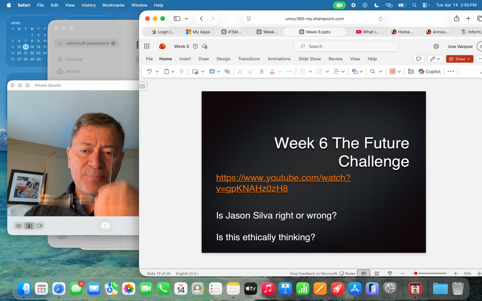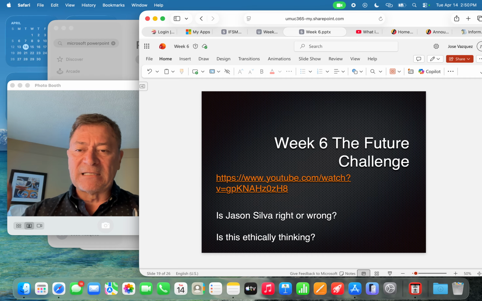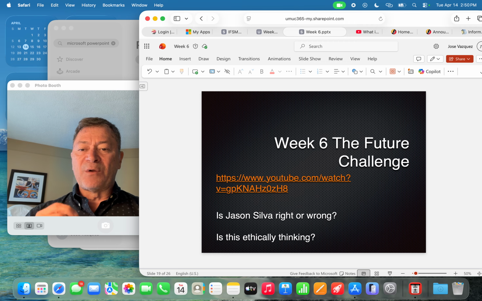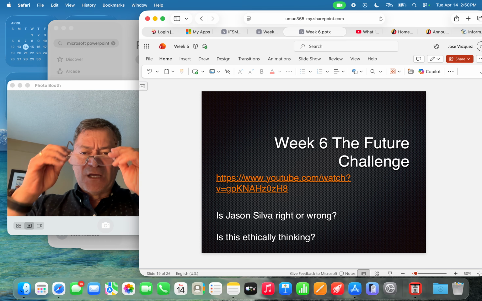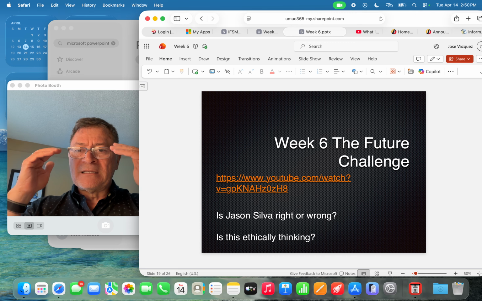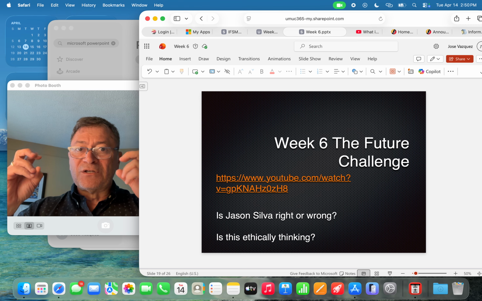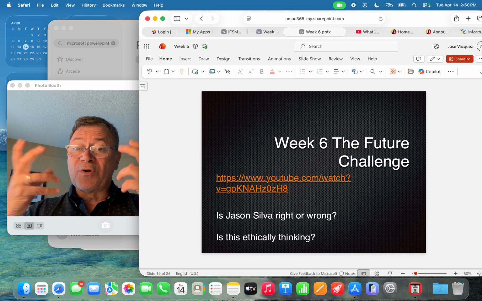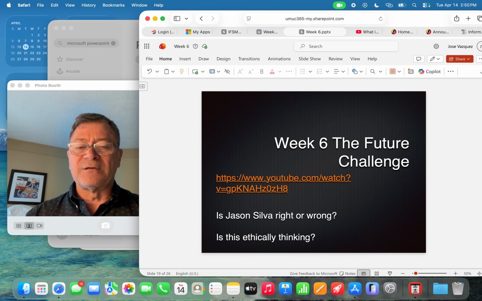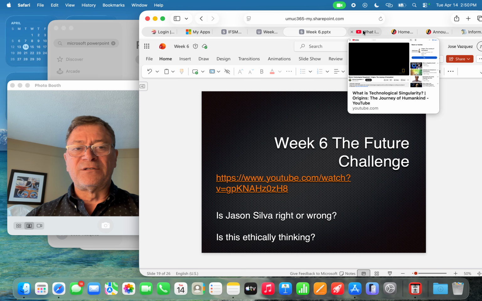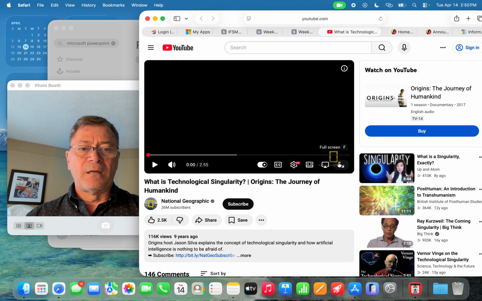Think about all these Meta glasses out there that basically can record everything. As you're walking, you can see the data on the people you're viewing right in your glasses. And all of a sudden you're sharing information. You may be recording people, and they don't know they're being recorded. So anyway, it's an interesting video. It doesn't last very long, but I'll have a little discussion after that. All right, here he goes.